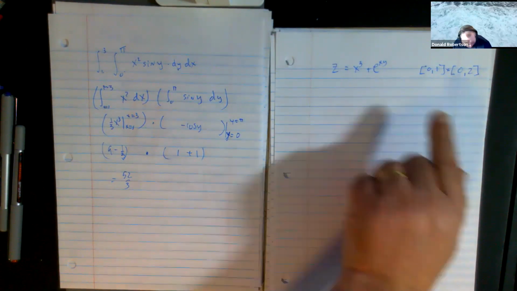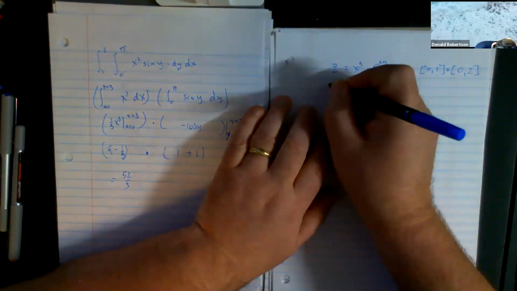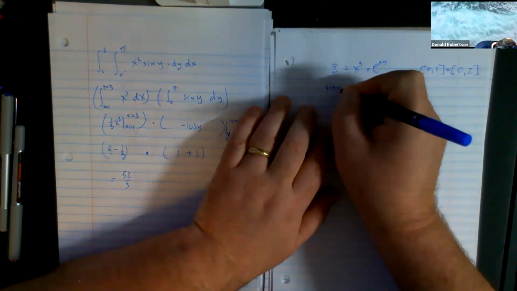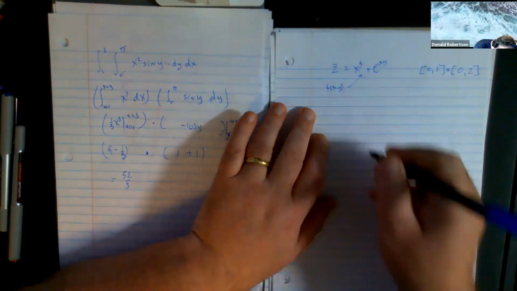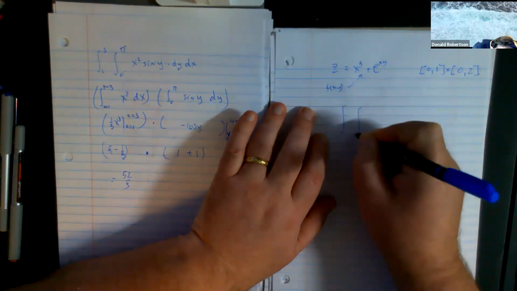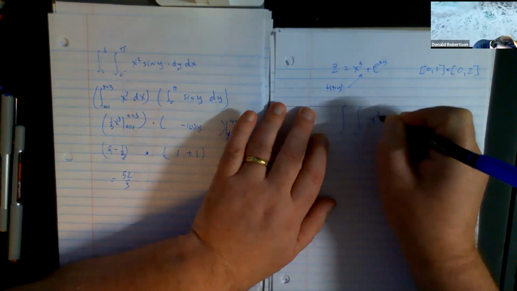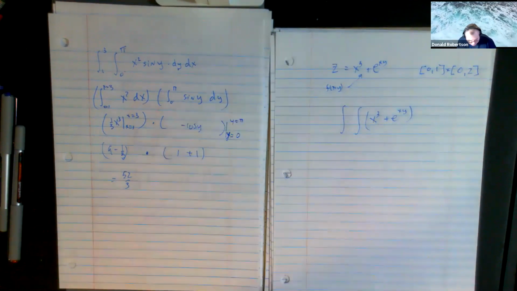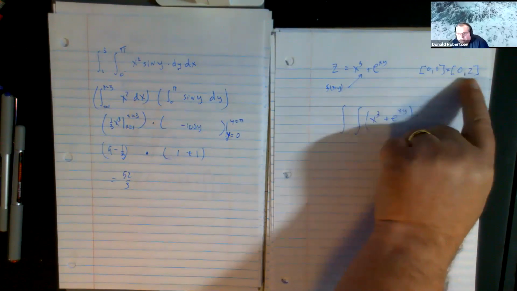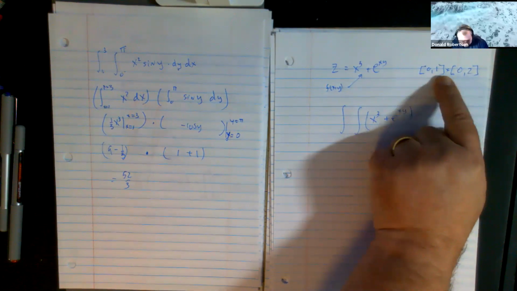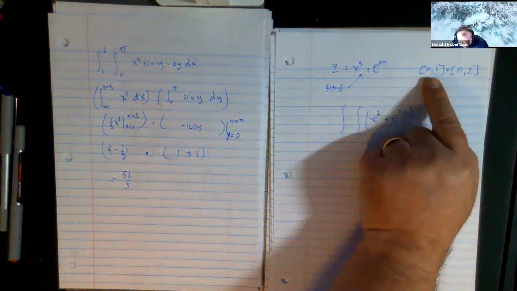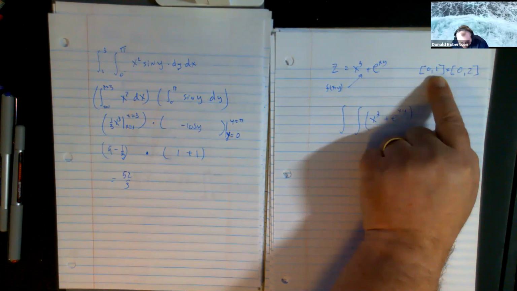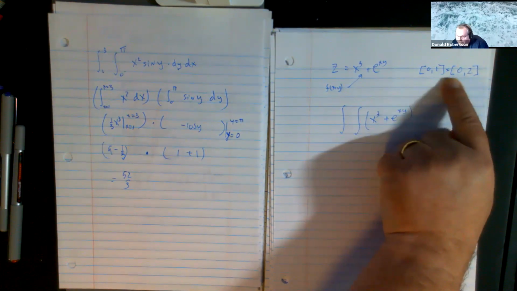Okay, this one is pretty easy. They've just told me who f of x, y is. So I'll do my double integrals, and that goes there. This notation is a little bit less clear, but this is telling me what the x's do, and this is telling me what the y's do.